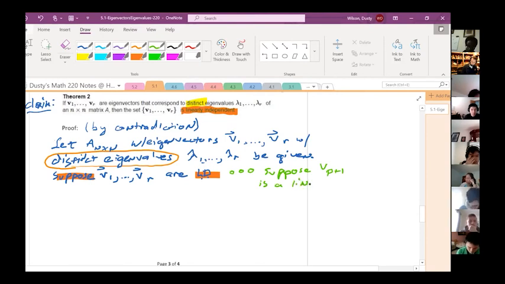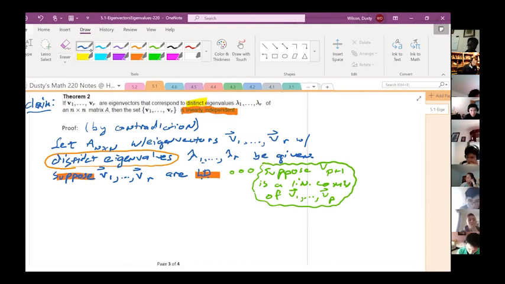Suppose VP plus 1 is a linear combination of V1 to VP. Okay.